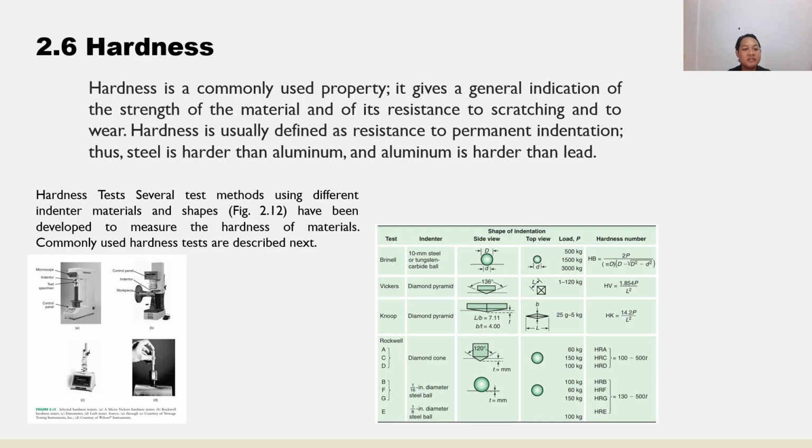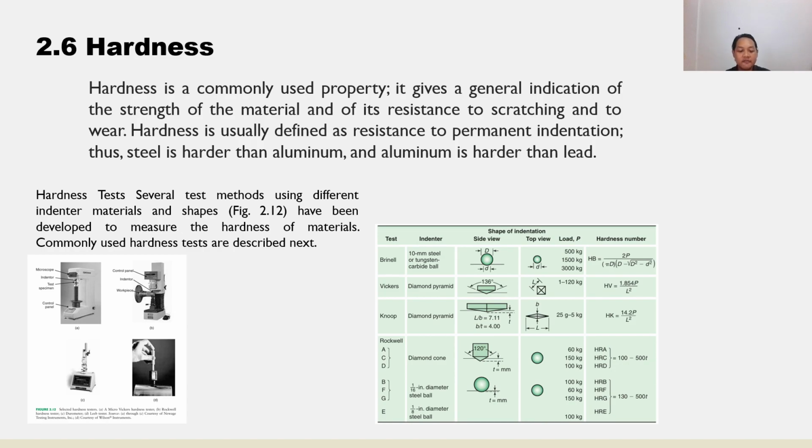Several hardness test methods using different indenter materials and shapes, shown in figure 2.12, have been developed to measure the hardness of materials. Commonly used hardness tests are described next.